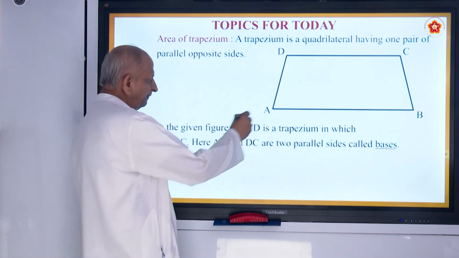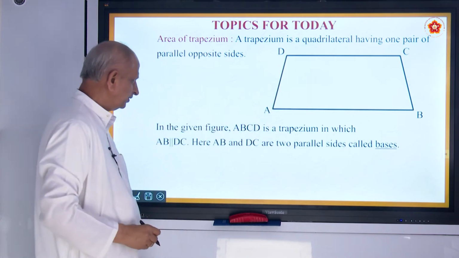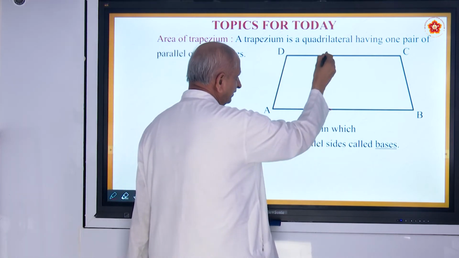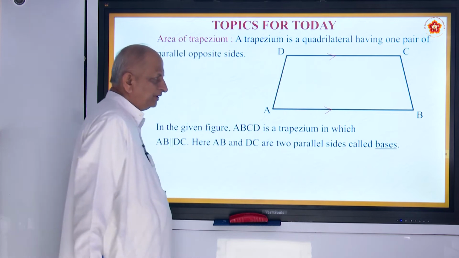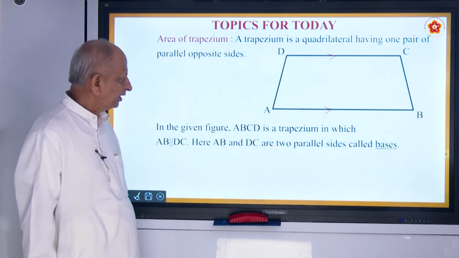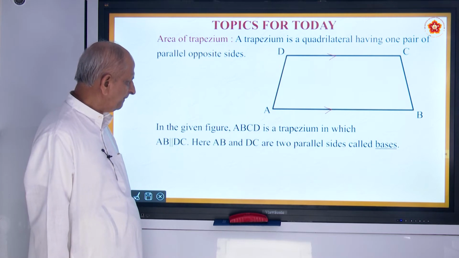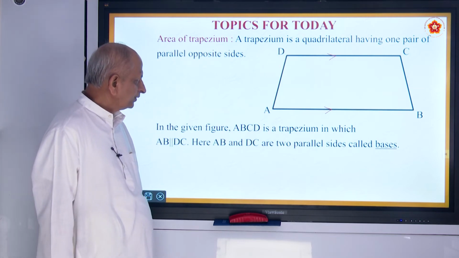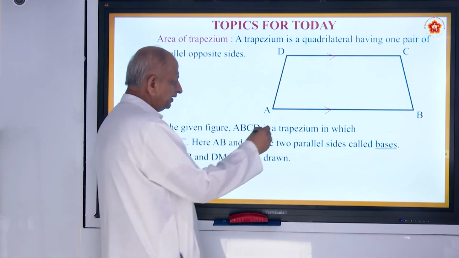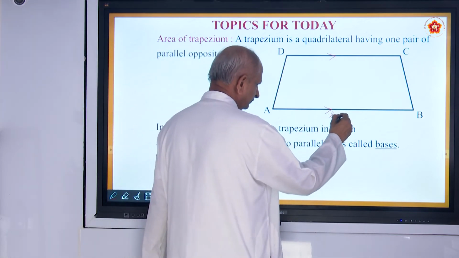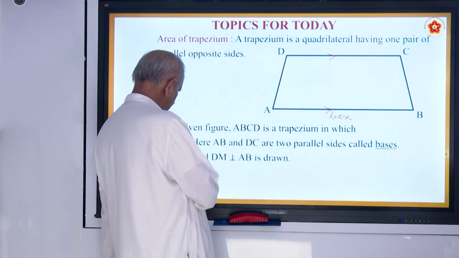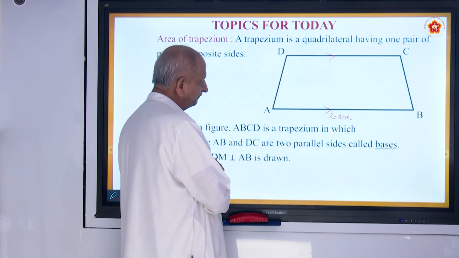In the figure, ABCD is a trapezium in which AB is parallel to CD. These are parallel. Means what? If you produce those sides, they won't meet each other, or the distance between them will be the same. So here this we call as base, and CL is perpendicular to AB.